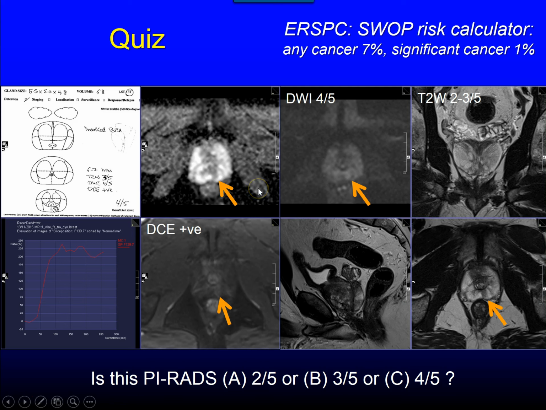That should be called a PI-RADS 2 lesion. The mistake I made was calling it a PI-RADS 4 lesion. Now, this prompted action. The action should have been a targeted biopsy to that area, or, in fact, nothing. We should have left this guy alone.